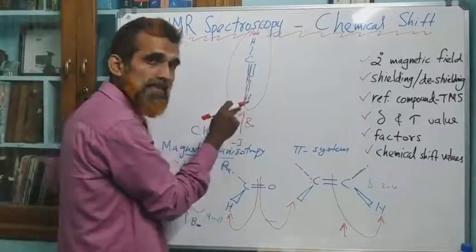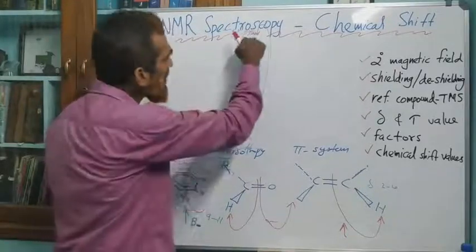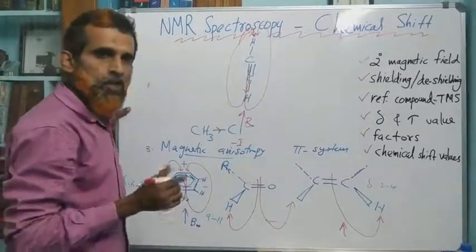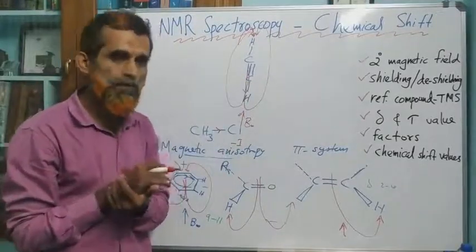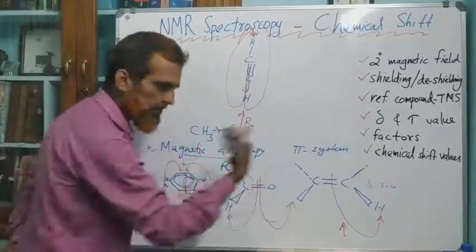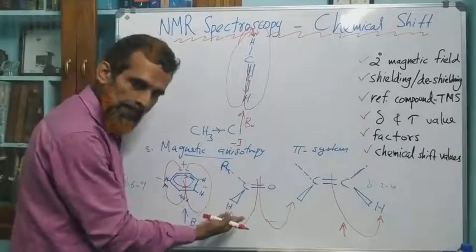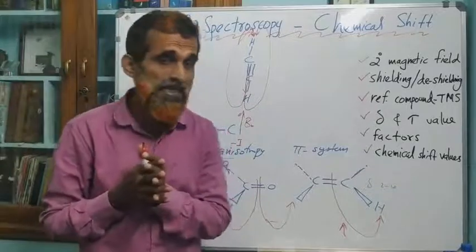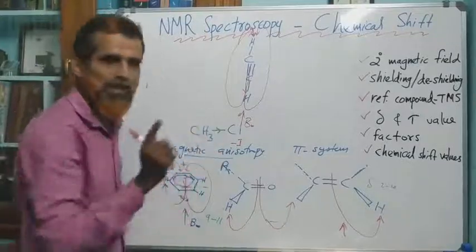For this acetylenic proton, see that it is opposing the applied field. For this one also, it's coming like this, opposing. So what is this called? This is shielding. So for the acetylenic proton, the secondary field produced by the pi electrons is shielding. Whereas in the case of all these alkenes, similarly aldehyde and benzene or aromatic systems, the secondary field produced is deshielding. Here it is shielding. That's why this phenomenon is called magnetic anisotropy.